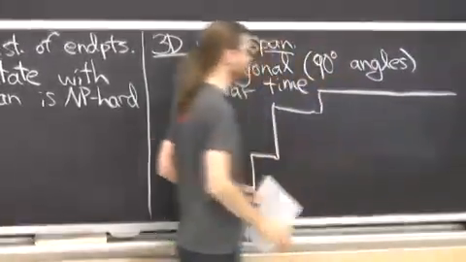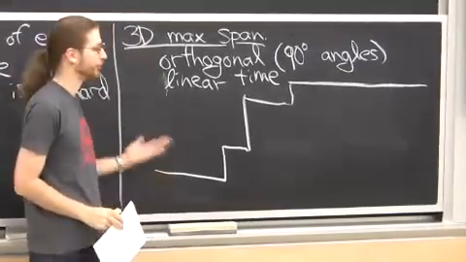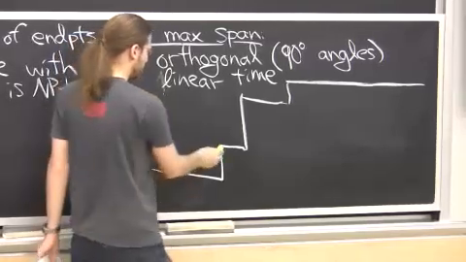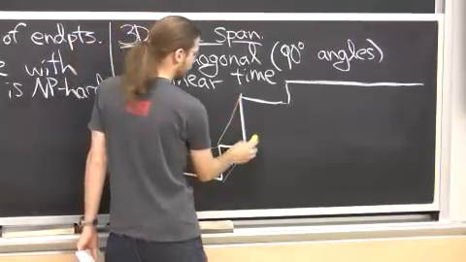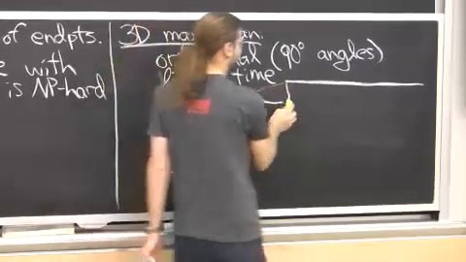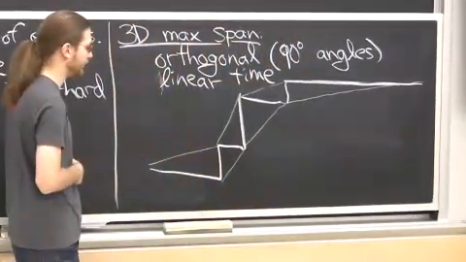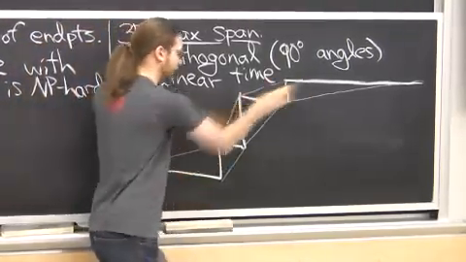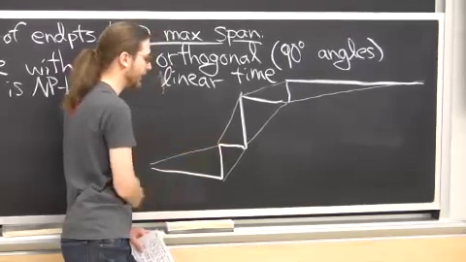Suppose you have some orthogonal chain. Orthogonal chains are nice because you can draw them in a plane as a staircase. So there's a nice canonical configuration. One way to think about how to find the max span configuration, I'm just going to give a high-level overview here. This won't be a complete algorithm. Is you triangulate that staircase in this sort of obvious way of connecting every endpoint to the one two ahead.